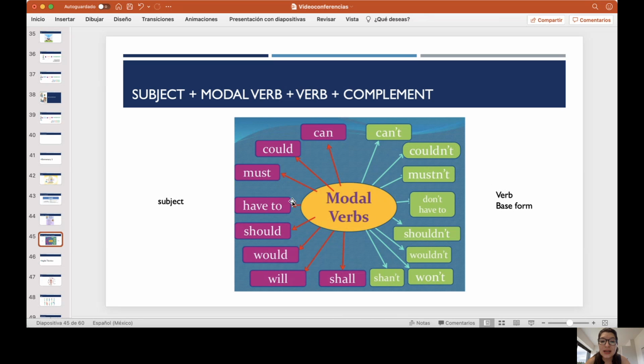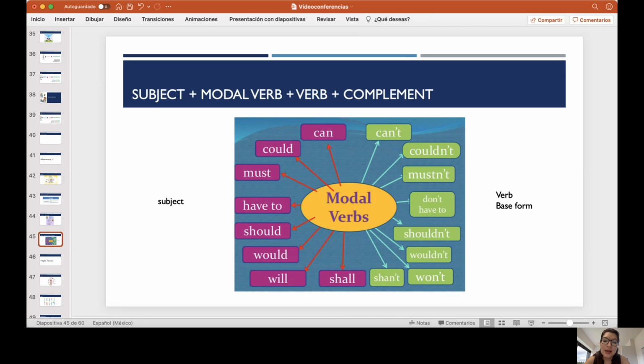Have to is something that is mandatory. Should is for advice. Would is something that we like to do in the future or in the present, but right now we're not doing it. Will and shall, will more for predictions, and also shall, but it's used less than will. So these are all the modal verbs that we can use.